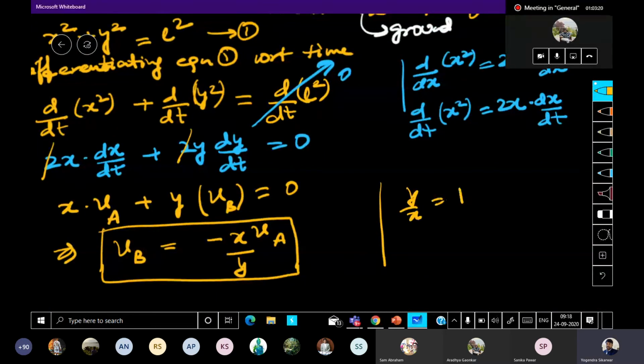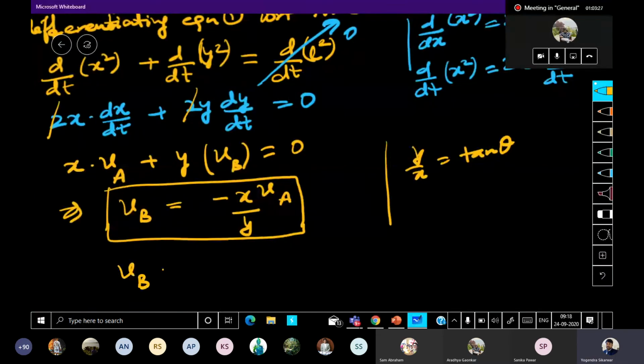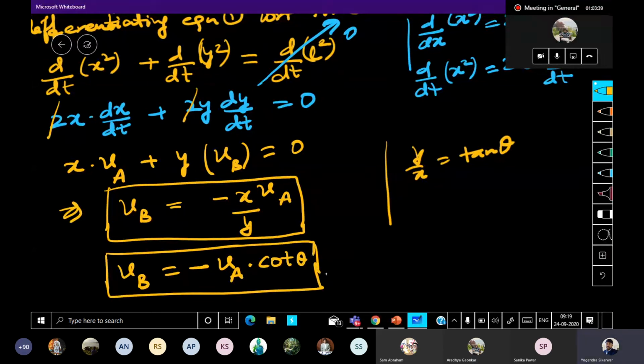So VB is equal to minus VA into x upon y, which will be cot theta. This is the answer. Please note everyone.